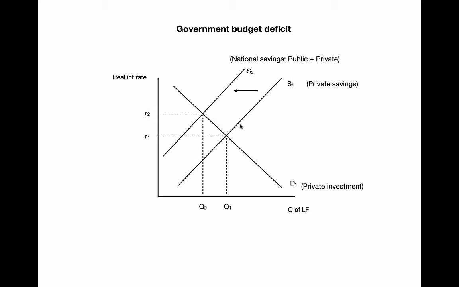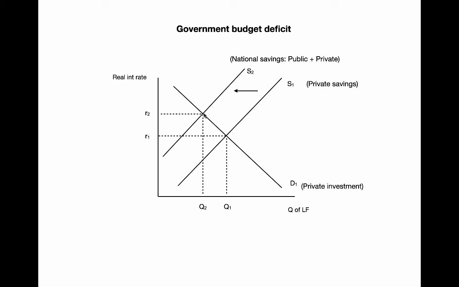So compared to the total savings that we had before, it's less because we now have this negative public savings. And this original supply curve now is just the private savings, and once we include the public, it's just going to be less than before because we now have this negative public savings. So national savings is still positive here, we're assuming, and so it's just less than before because we have this negative public savings. So again, a decrease in supply, what that does is just move us along here.